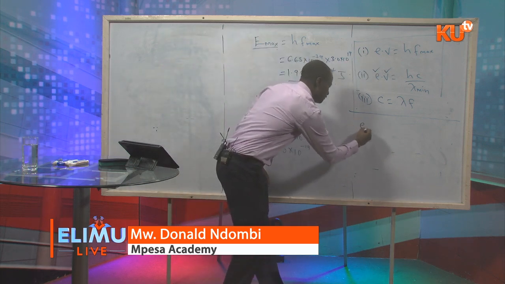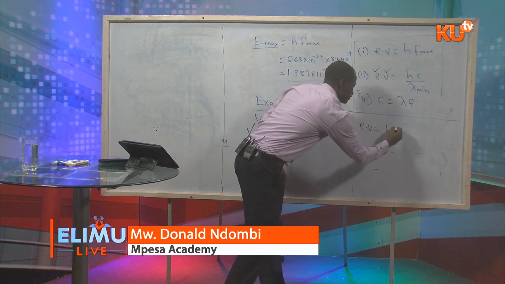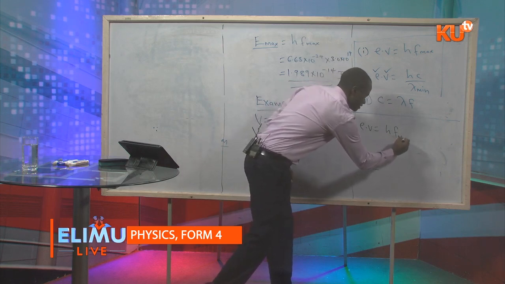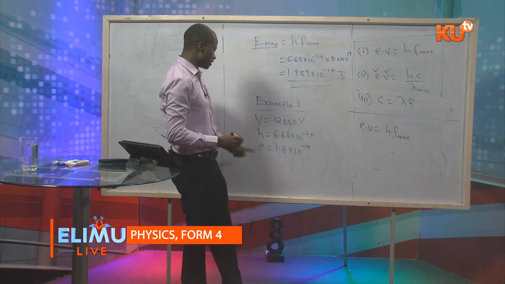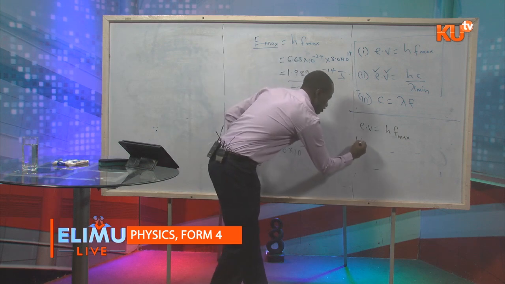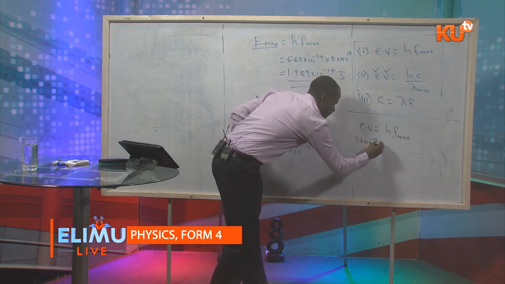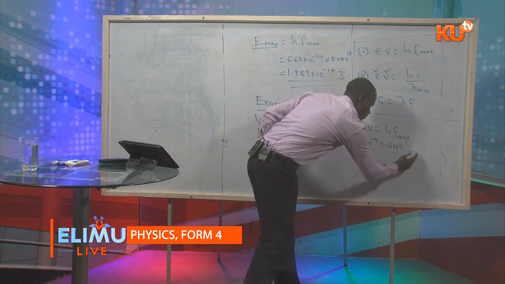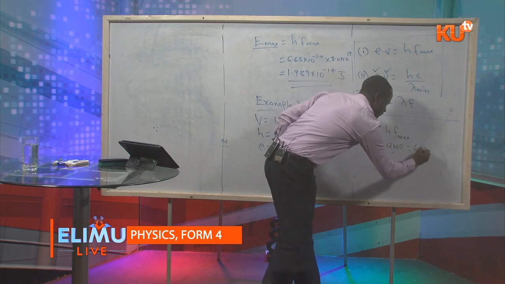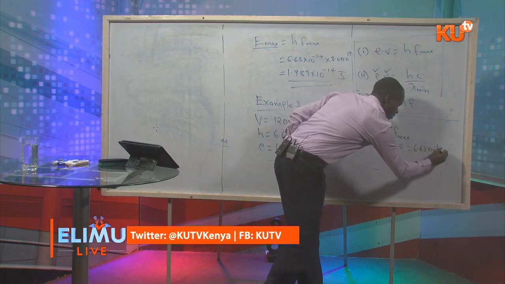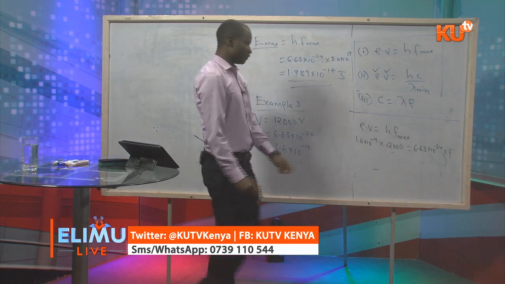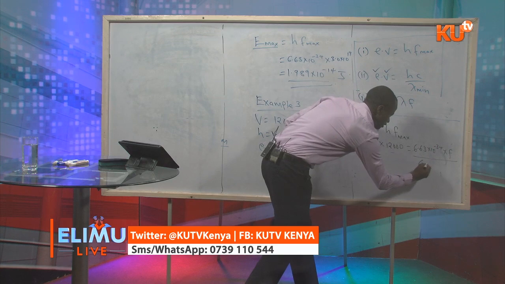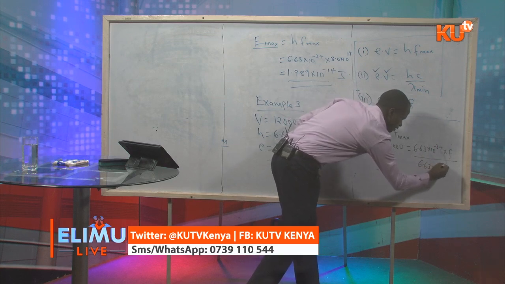Therefore, EV equals HF max. Then we substitute directly. Our E is 1.6 times 10 power negative 19 times V, 12,000, equals H, 6.63 times 10 power negative 34, multiplied by F. If you make F the subject, it means divide both sides by 6.63 times 10 power negative 34.